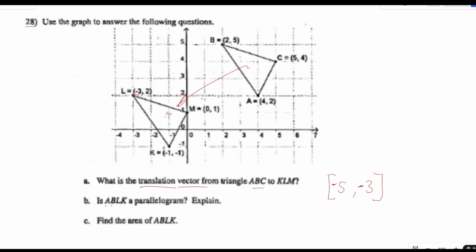Is ABLK a parallelogram? ABLK. I'd say, yeah, it looks like a parallelogram. These do look parallel, and these look parallel. But I guess if I have to prove that these are parallel, I would say this is 2 and 3, and this is 2 and 3.